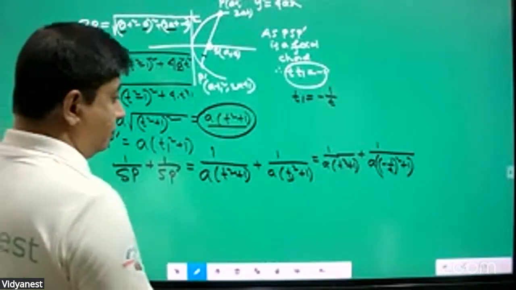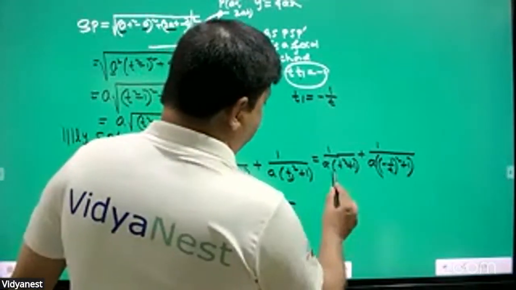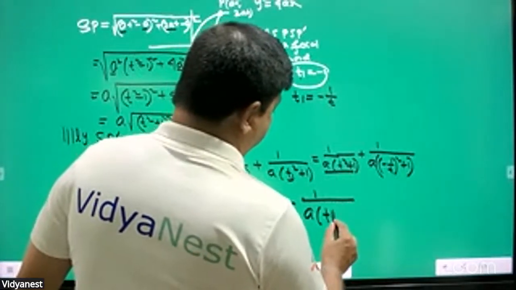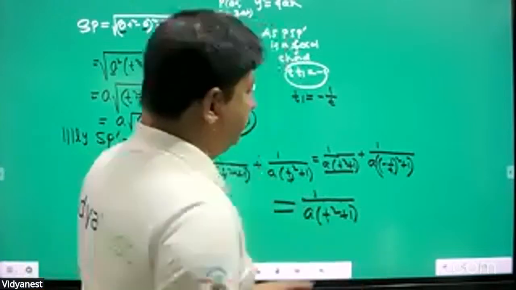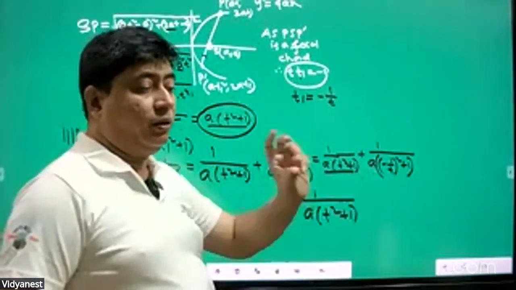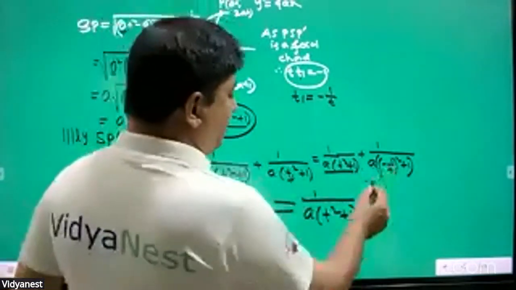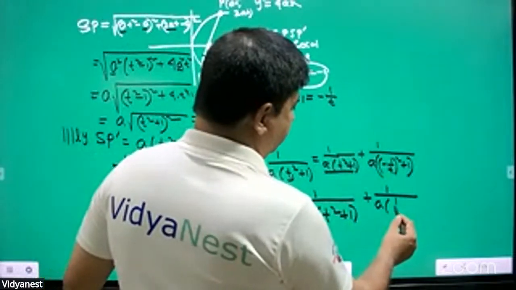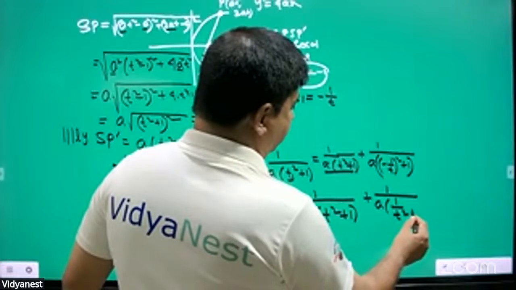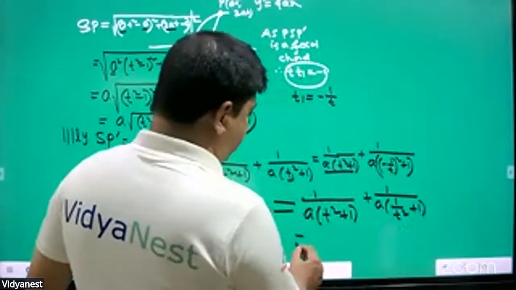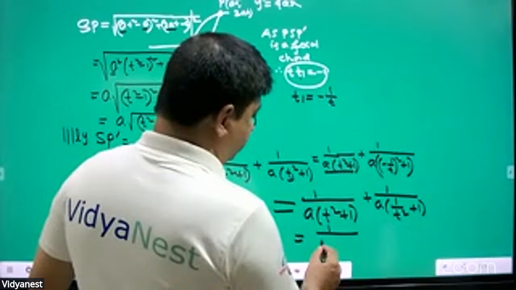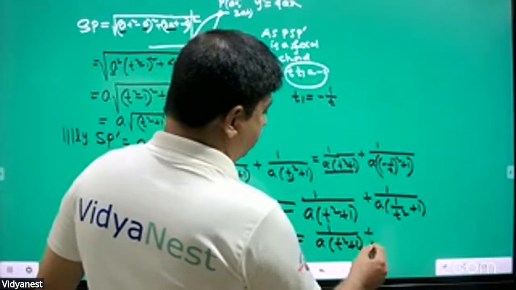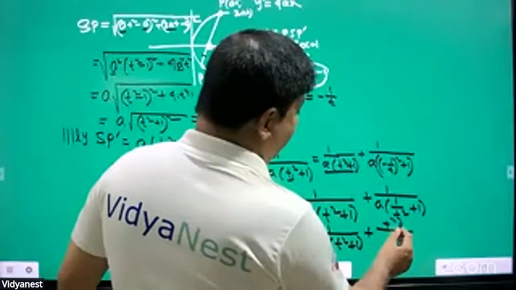See, this part will remain unaltered. Will that minus remain? No, minus will be absorbed in whole square. So, complete the LCM.